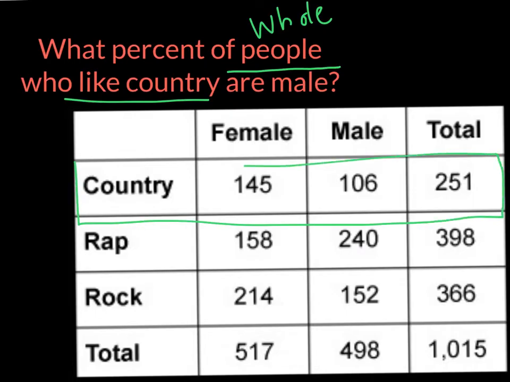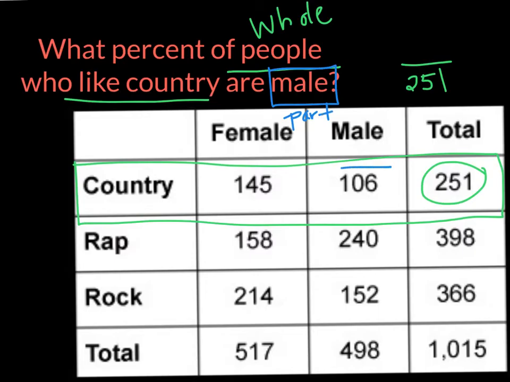So the people that like country music, the total number is 251. So that's our whole. And then they say, what percent of those people are male? That's going to be our part. So the part of the country music that are male are 106.